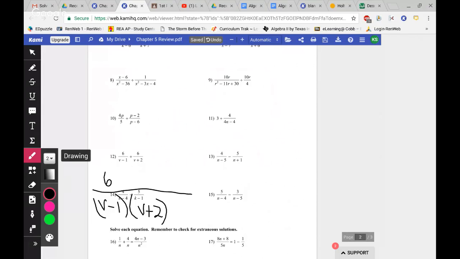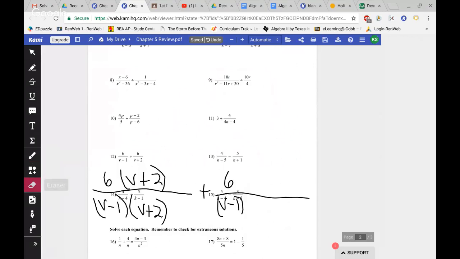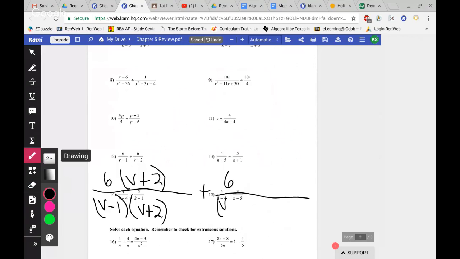Whatever you multiply the denominator by, you multiply the numerator by, so you don't change the value of the expression. And then over here, I've got 6 over v minus 1. No, my bad. It's v plus 2. And then I'm going to multiply it by v minus 1, and multiply the numerator by v minus 1, so I don't change the value of the fraction.